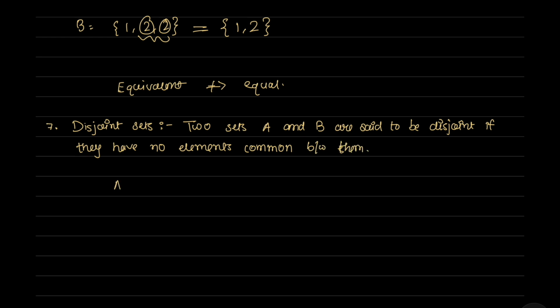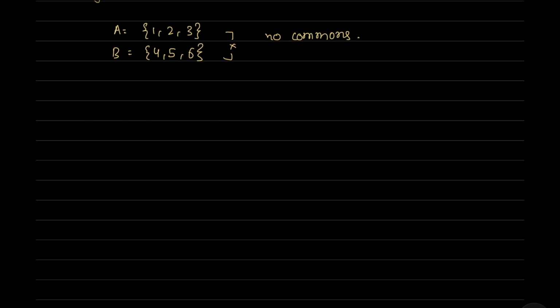For example, A equal to 1, 2, 3 and B equal to 4, 5, 6. Here see, none of the elements between A and B are common. No commons. Hence we say that A and B are disjoint sets.